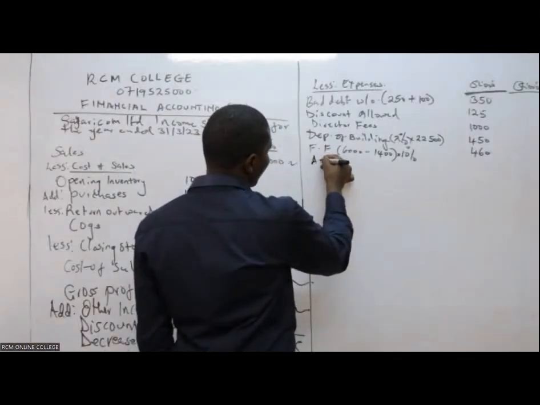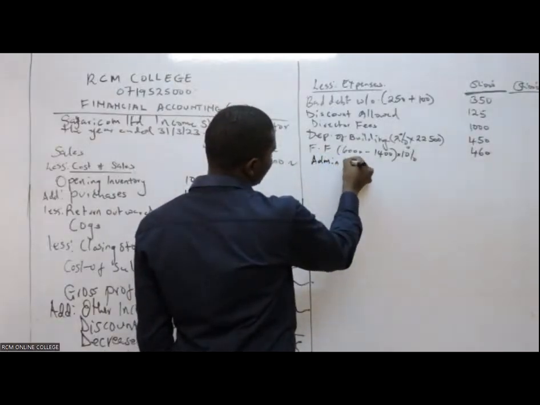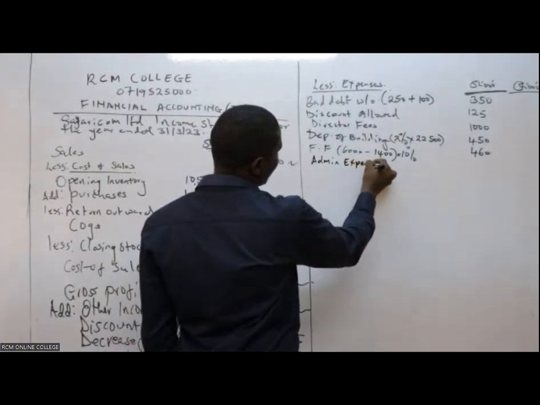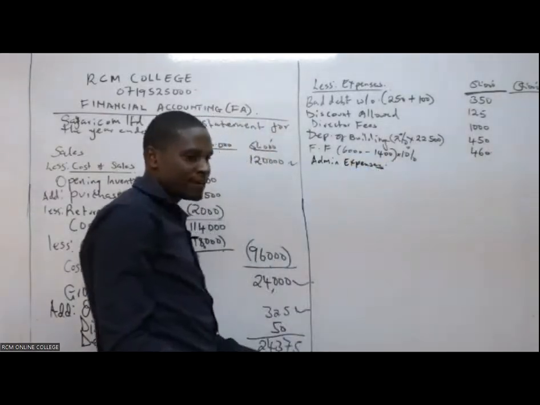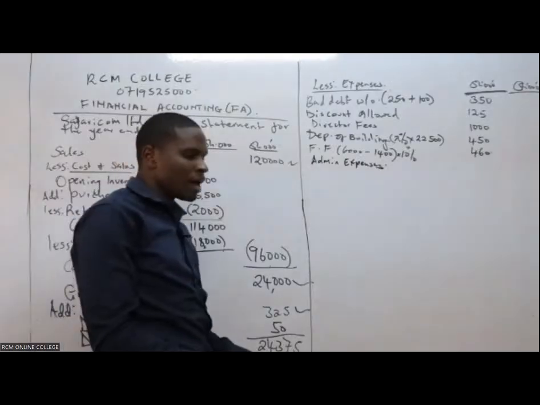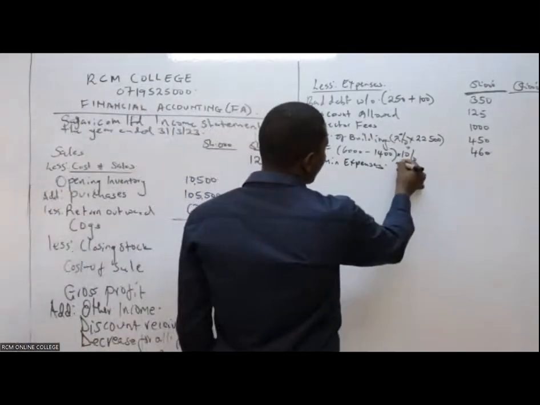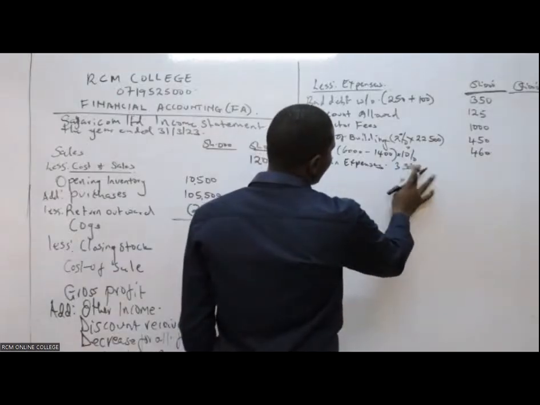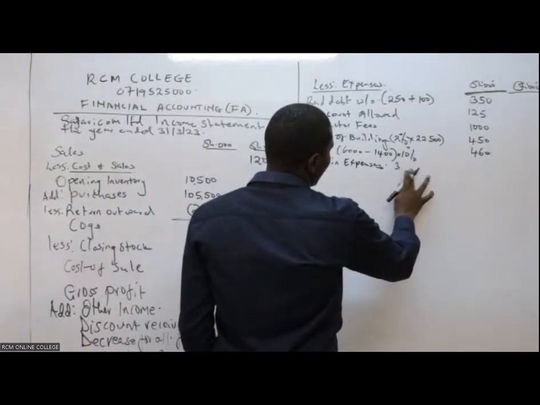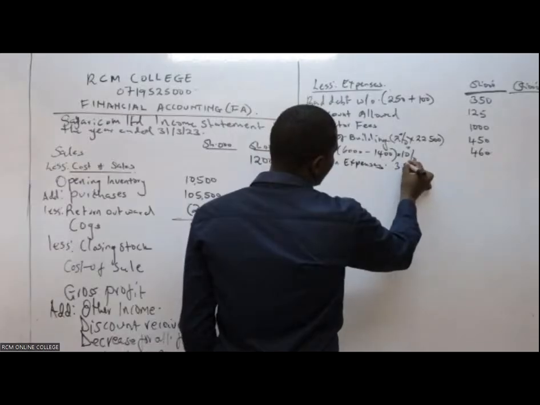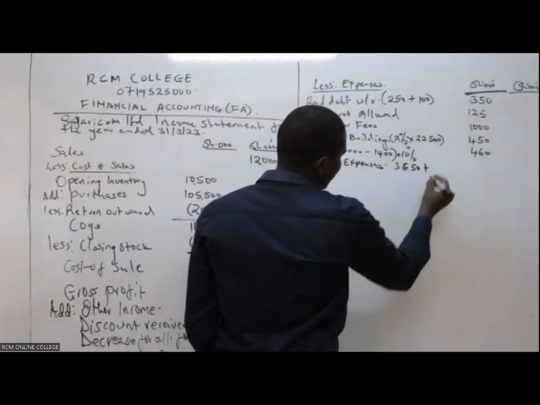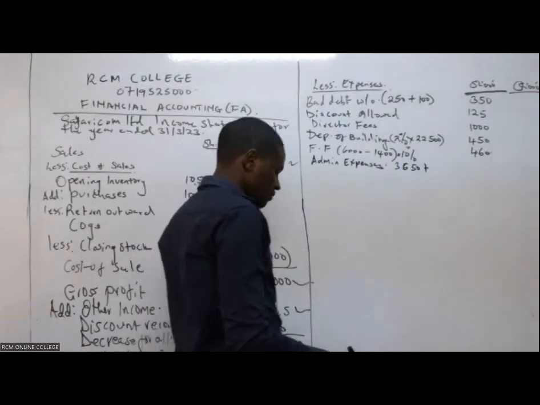So our admin expenses will increase with that amount. In the trial balance, the admin is 3650 plus the accrued amount of 175.